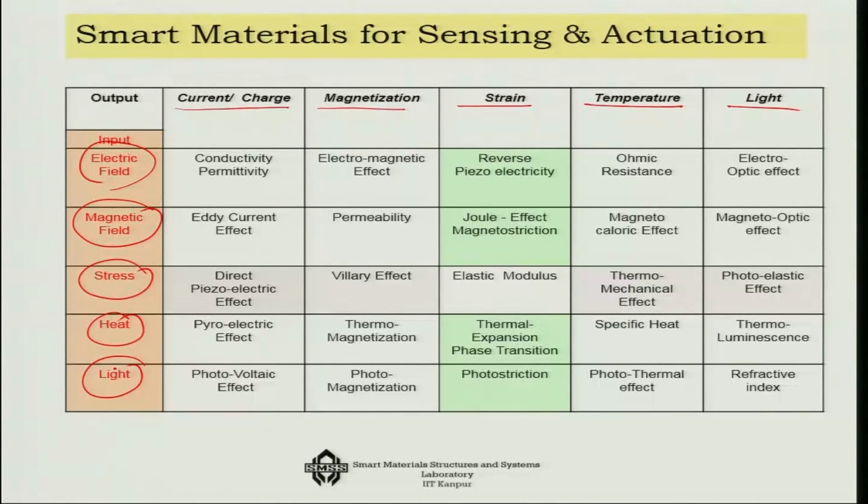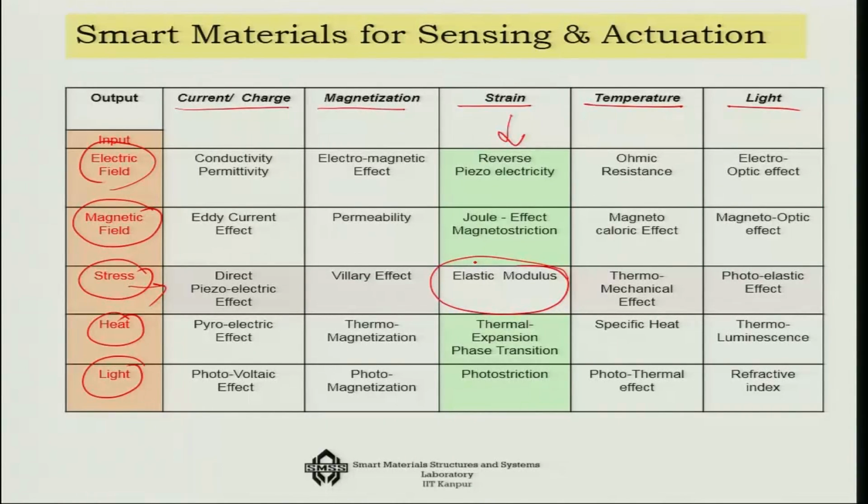If I consider a diagonal element in this matrix, that is stress versus strain, then what comes in the diagonal element is the elastic modulus. That is not smartness, because every material deforms under stress.